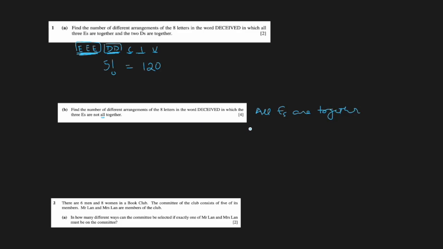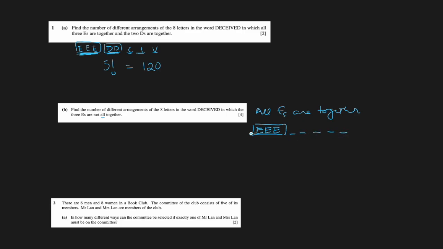Make a box around them, and they can interchange places with each other without affecting the order. So this is one body, and then we have 2 D's, and then we have C, I, V.